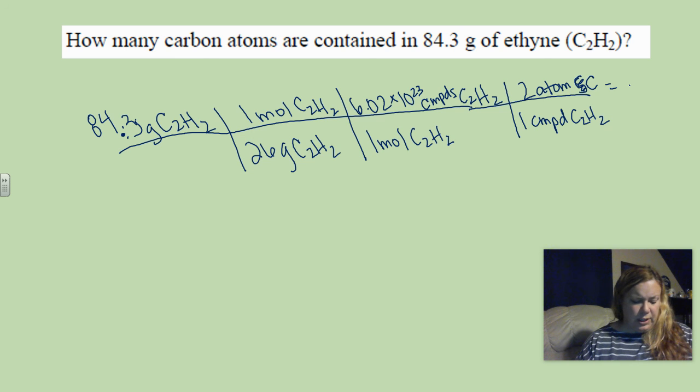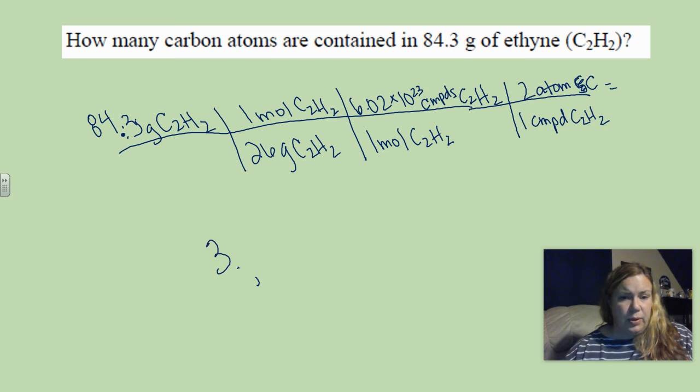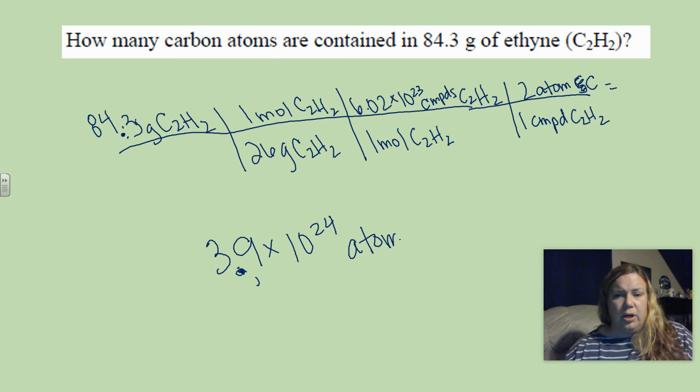We don't need to throw those ones in there. 84.3 has 3 sig figs, 6.02 times 10 to the 23rd has 3 sig figs, times 2, again that's kind of like a mole ratio, divided by 26. There's only 2 sig figs there, so we're going to keep 2 sig figs here. Our final answer is going to be 3.9 times 10 to the 24, and that's atoms of carbon.